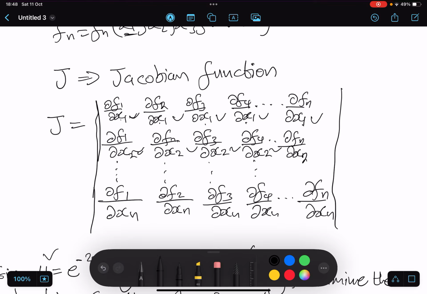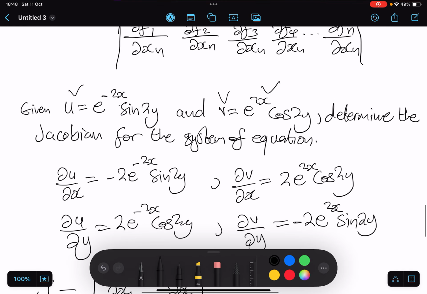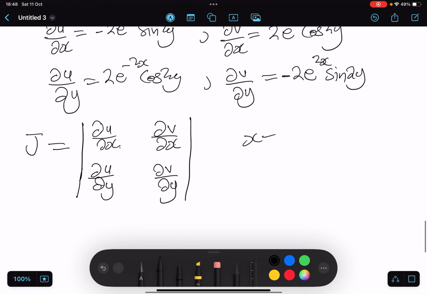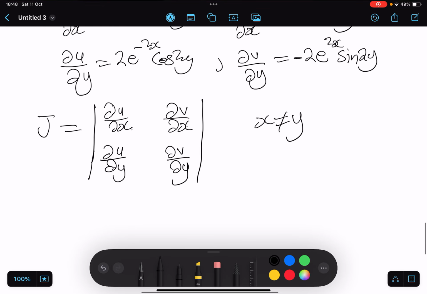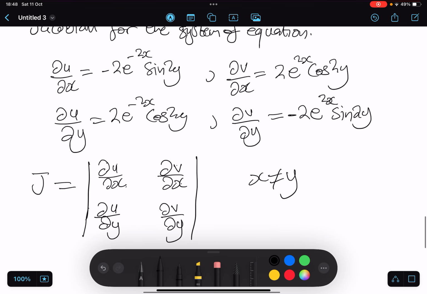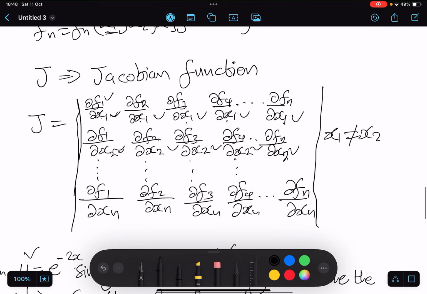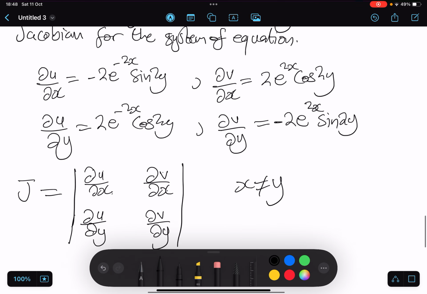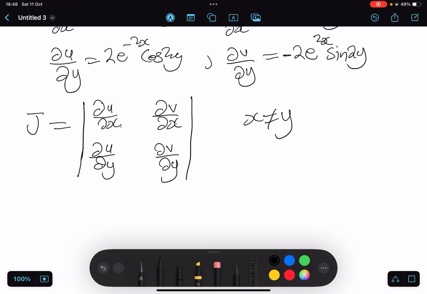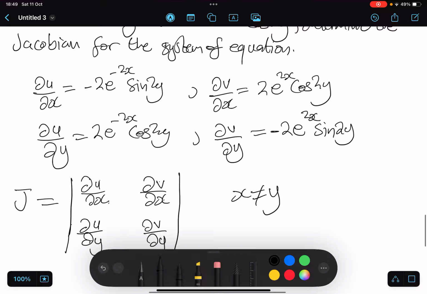Obviously x1 is not equal to x2, and in our case here x is not equal to y, so we differentiate with the other variable, which is y, and the functions are changing. This is u, this is v. Here we had f1, f2. So they are changing. This is how you represent it, and at this point we just substitute ∂u/∂x, ∂v/∂x, ∂u/∂y, ∂v/∂y with what we have found here.